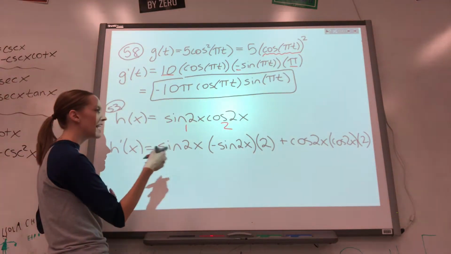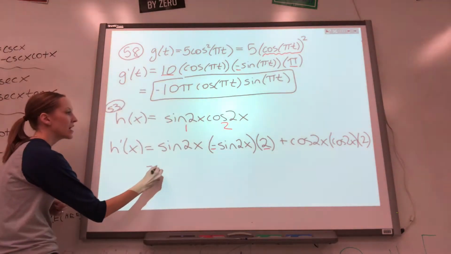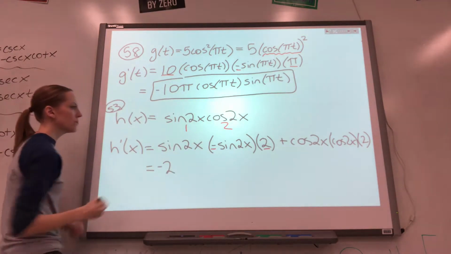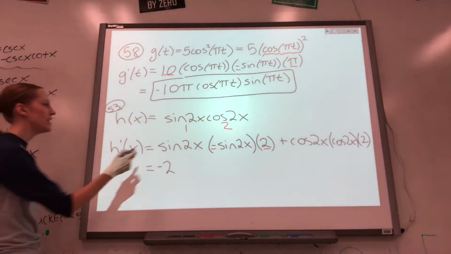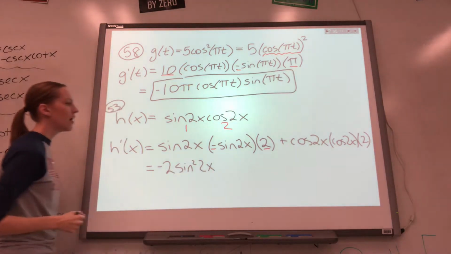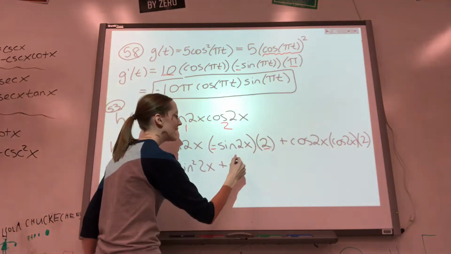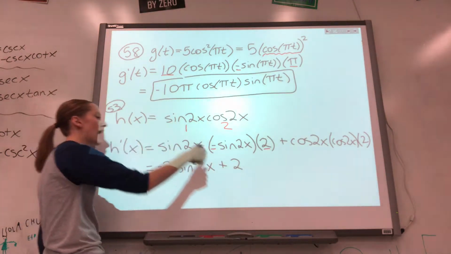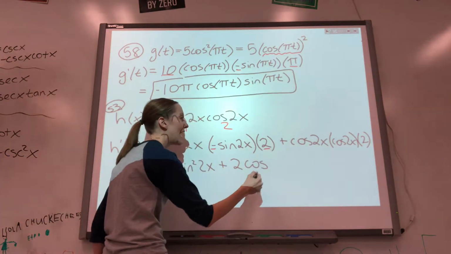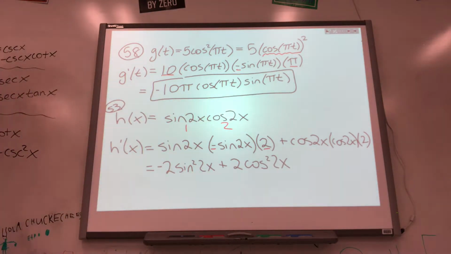So, what do I have here? I'm going to maybe just show a couple steps. There's a negative 2 that I would maybe pull out front, and you could actually write this as sine squared of 2x since there's 2 of them. And then back here, leave that 2 out front. You could write that as cosine squared of 2x.